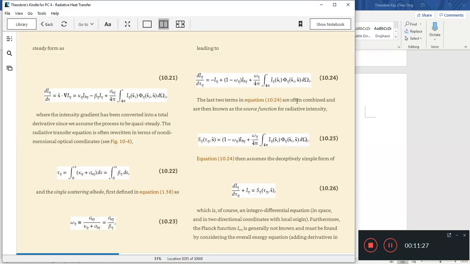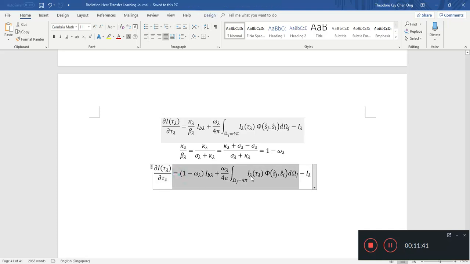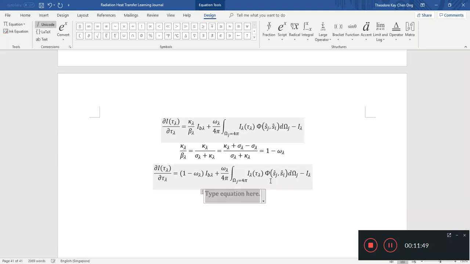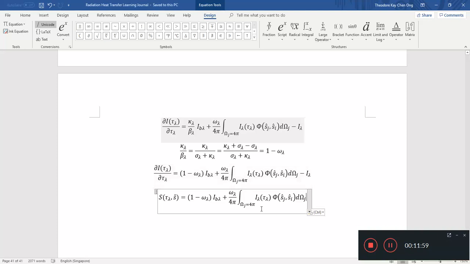Okay, so what they go on further to do is they use this thing called the source function, which basically combines both of these. So you can think of it as a source function. S of tau lambda, and we still need s hat to give us the direction as was used in the textbook, and it is equal to both of these. Why is this called a source function?